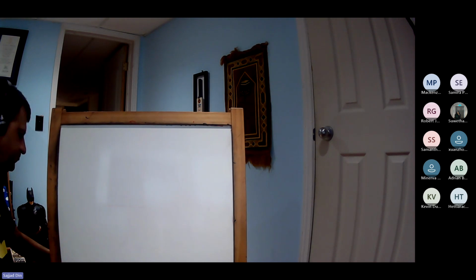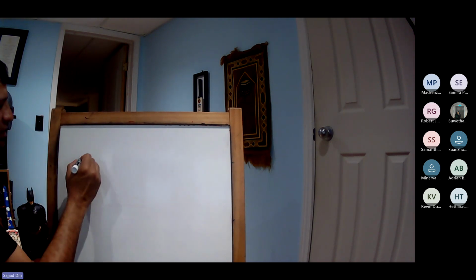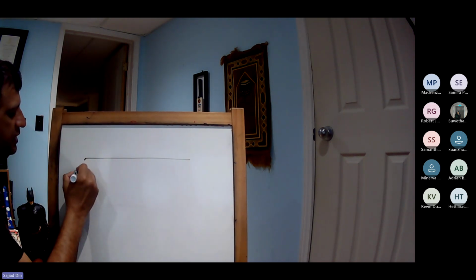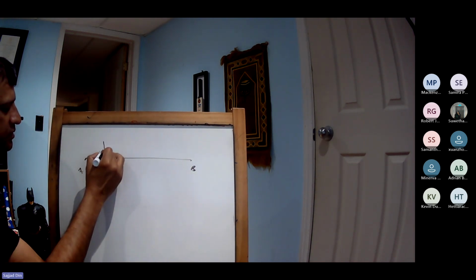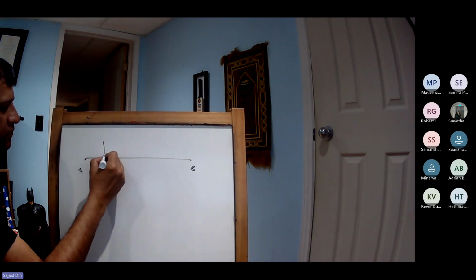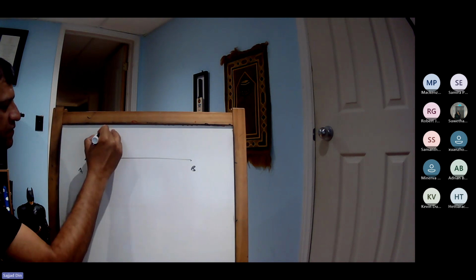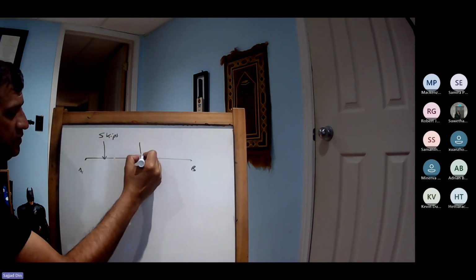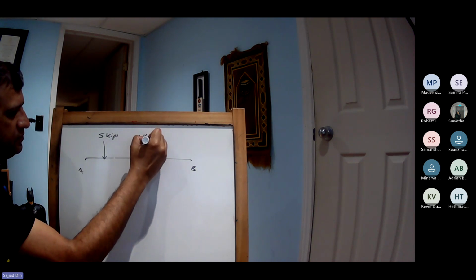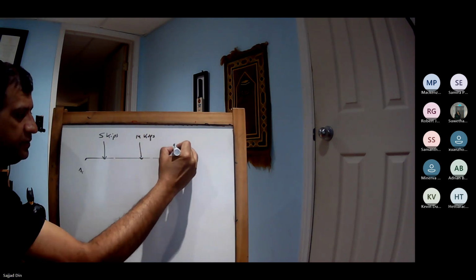And hopefully then you'll be in position to work on the assignment. Okay, so you've got this A, B, and we'll just focus on this. That's 5,000 pounds, 5 kips. That's 4,000 kips.